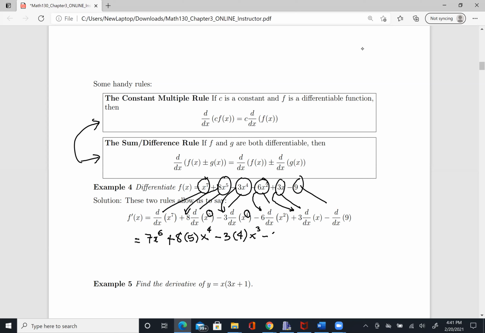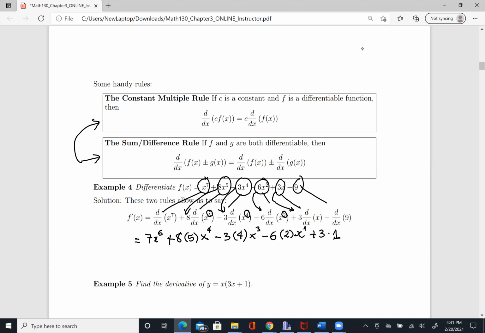Then minus 6, multiplied by 2, times x to the power 2 minus 1, which is 1. Then plus 3. The derivative of x, if you remember from the special case above, just becomes number 1.